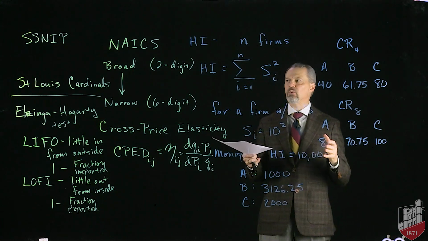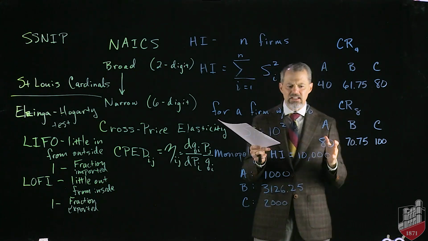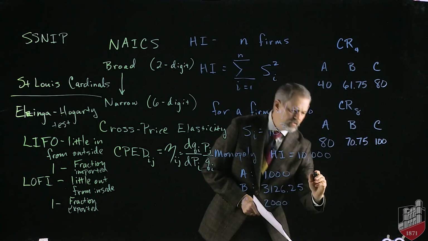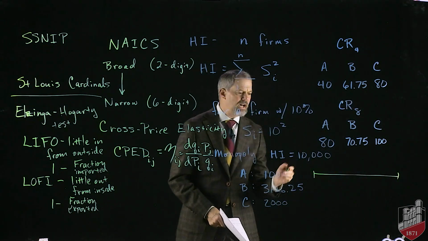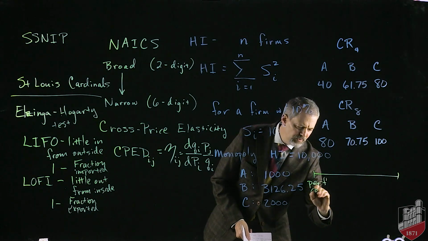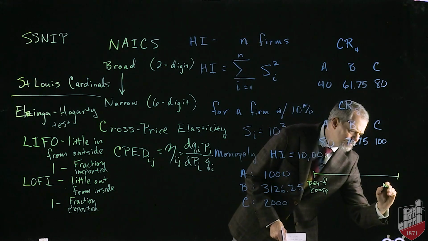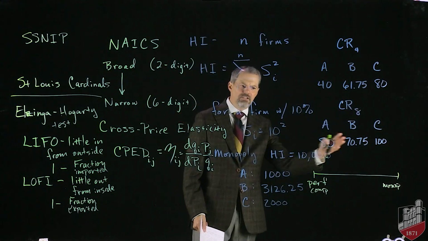A lot of times what we do is think about that scale, which you've probably seen, where we've got perfect competition on one end and monopoly on the other, as kind of the range of competition.